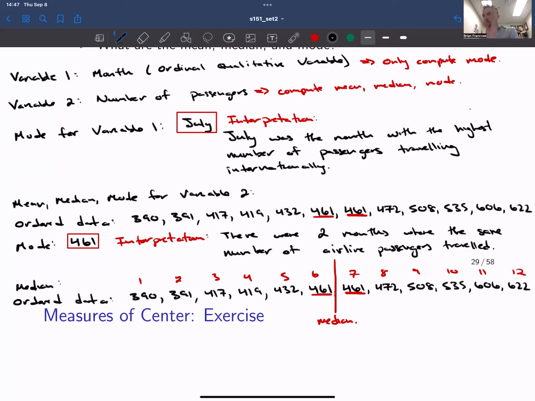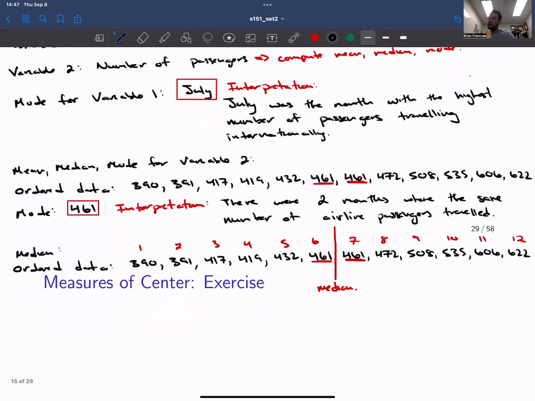So the median is in between the 6th and the 7th value. So in this particular case, the median is going to be the average of observation 6 and observation 7. Okay, so the median is equal to 461 plus 461 divided by 2, which is 461.